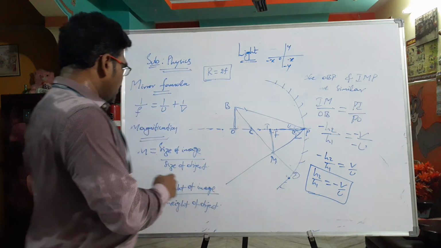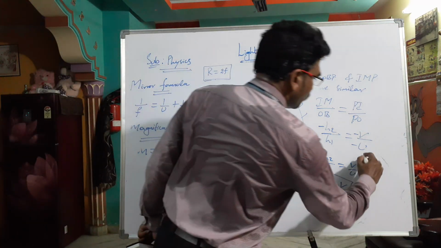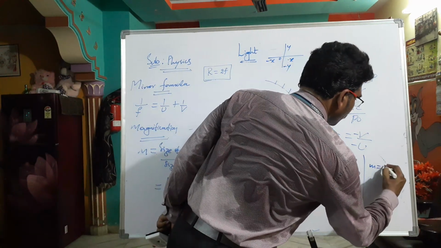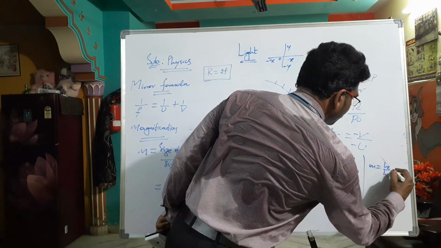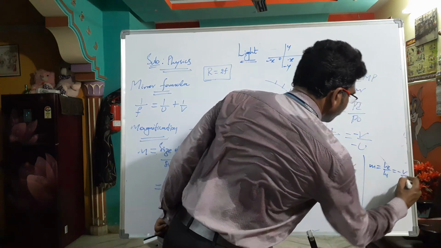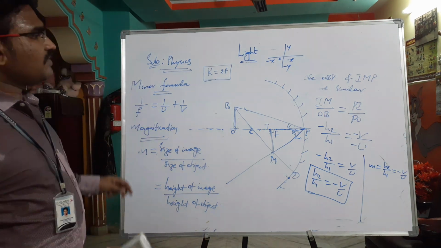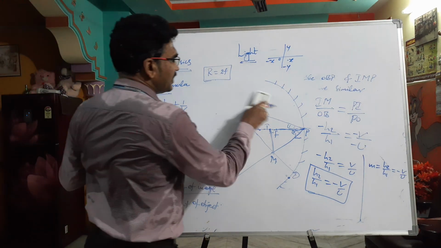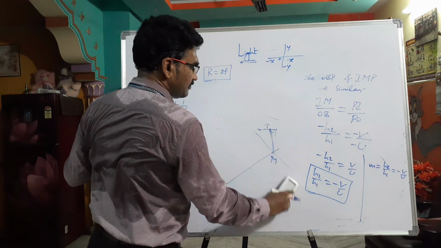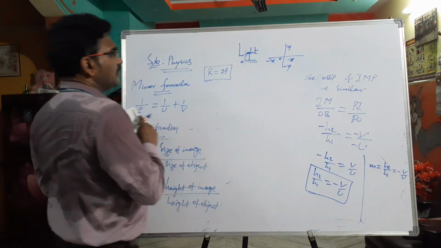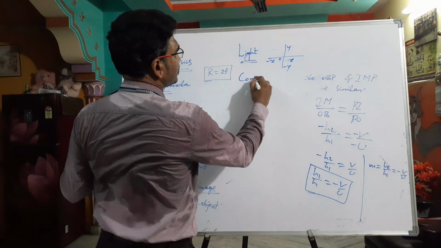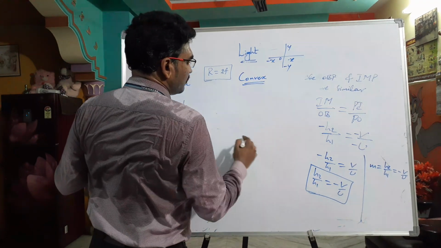But we know H2 by H1 is equal to M. So we can say M is equal to H2 by H1 is equal to minus V by U. This is what we can take in case of concave mirror. Let us take the same thing in case of convex mirror. In case of convex mirror, what can I say?